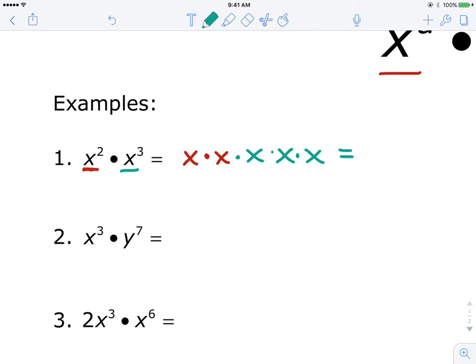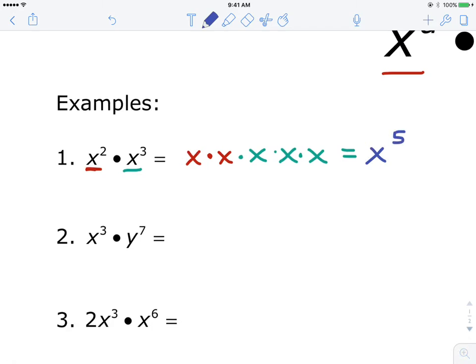So you're multiplying x together how many different times? Well, let's just count these up. We've got 1, 2, 3, 4, 5. So that's going to be x to the power of 5. You multiplied it times itself 5 times. What would we have gotten if we had added these two exponents? That also gives us 5. So it's a quick demo of how this works.